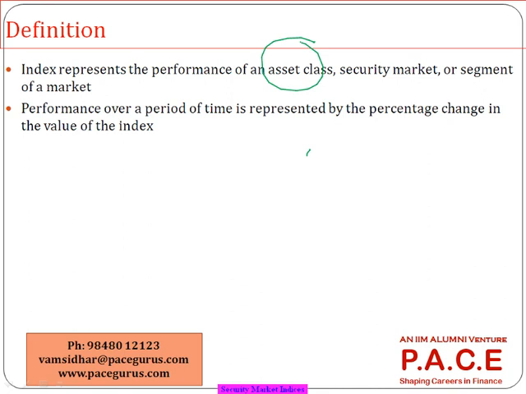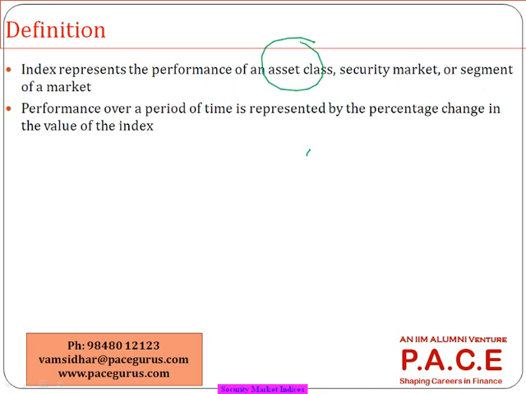Any index that is created, the main intention is it's a representative of a market or even a segment of a market. We have not just the Sensex or Nifty. Today we have auto index, we have IT index, we have media index, we have different kinds of indexes, banking index. Those indexes are a reflection of that particular sector.